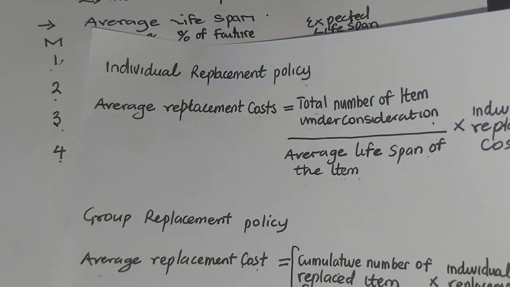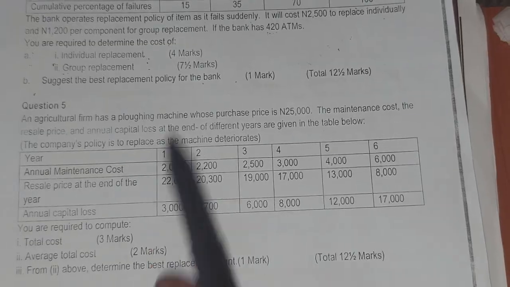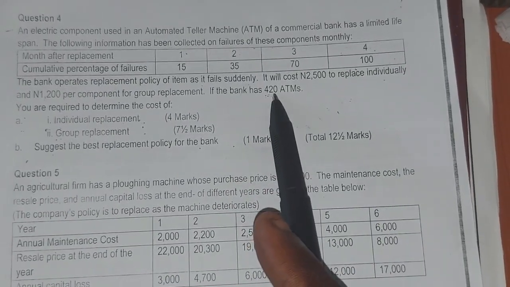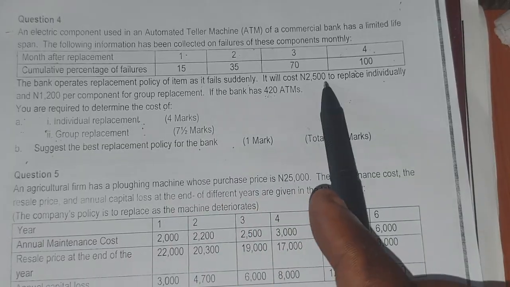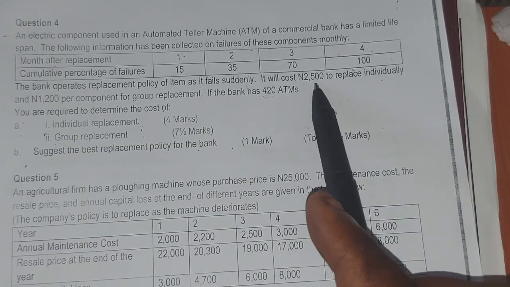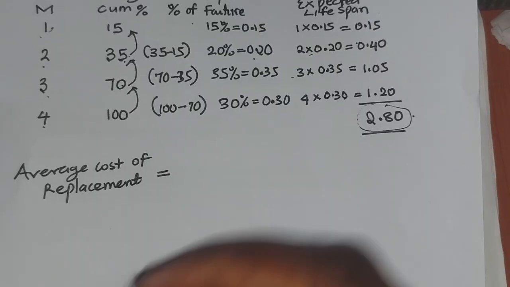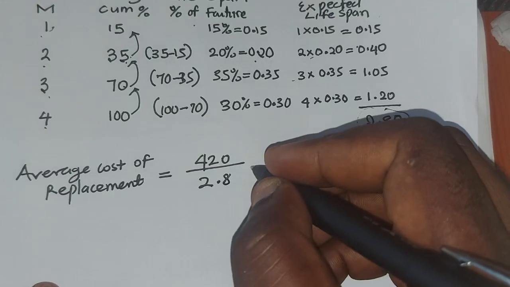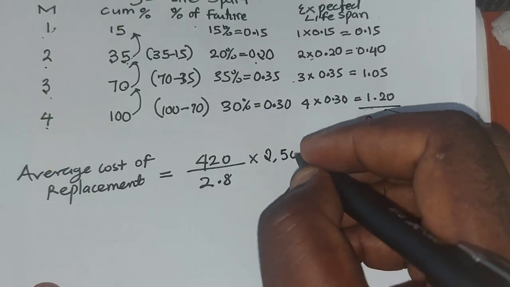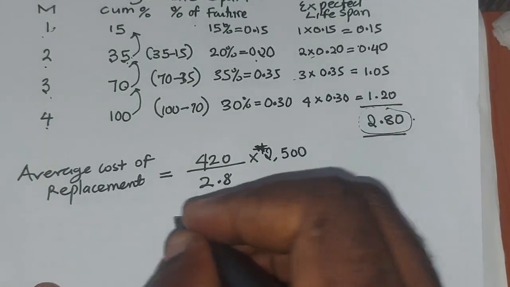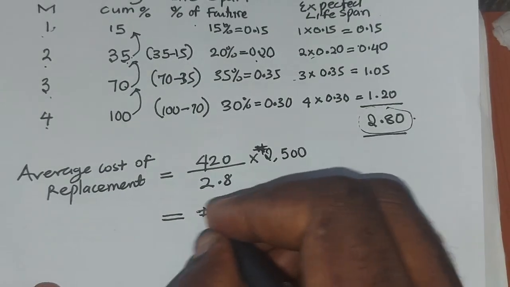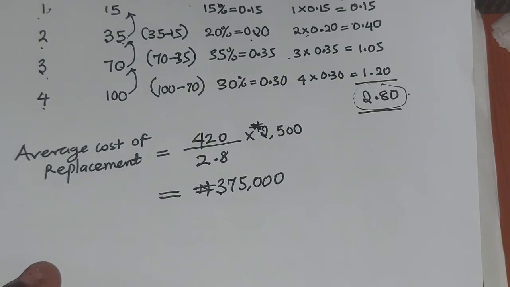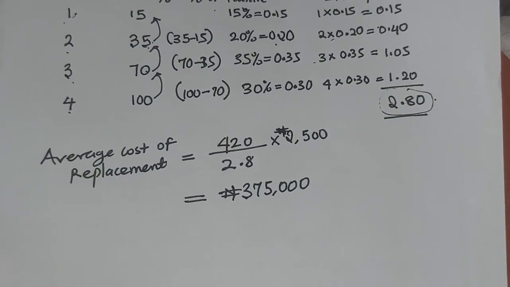For this question, the total number of items is 420, and the individual replacement cost is 2,500. So it will now be 420 divided by 2.8 multiplied by 2,500 naira, and this will give us 375,000.